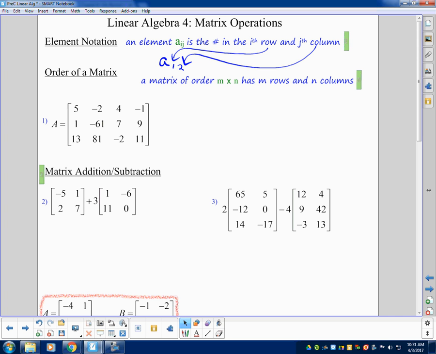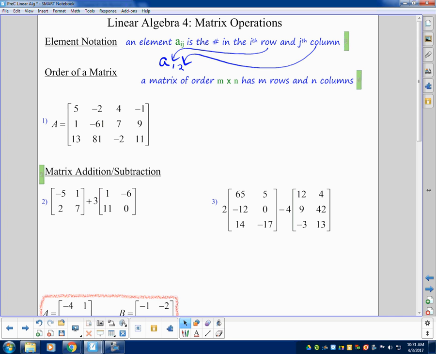So this matrix down here, think about what the order of that matrix would be. I'll let you write that down first.